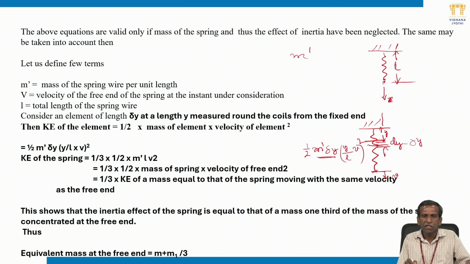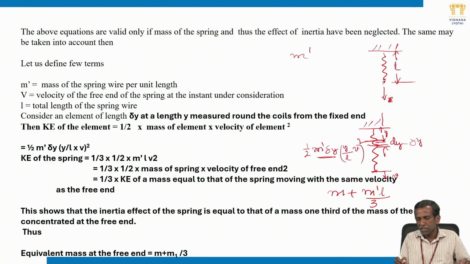Then the equivalent mass at the free end: if m is the mass attached, and m dash is mass per unit length, as we said, then the equivalent mass is m plus m dash L by 3.